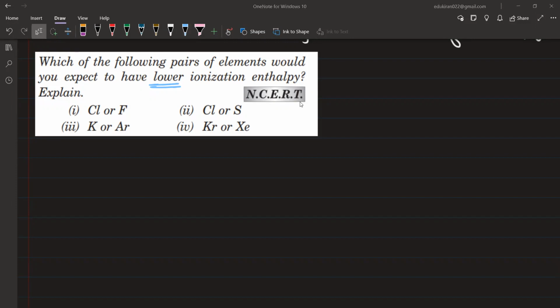Abdullah, this is not an MCQ. Out of chlorine and fluorine, which is going to have lower ionization enthalpy? Out of chlorine and sulfur? Out of potassium and argon? Out of krypton and xenon?